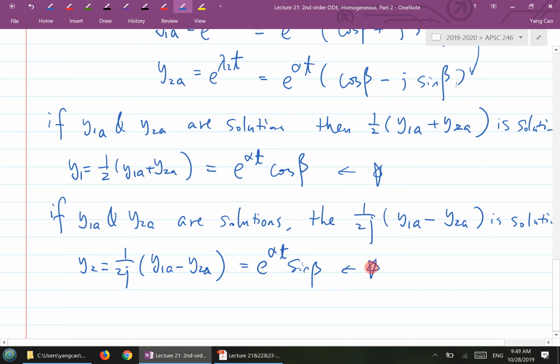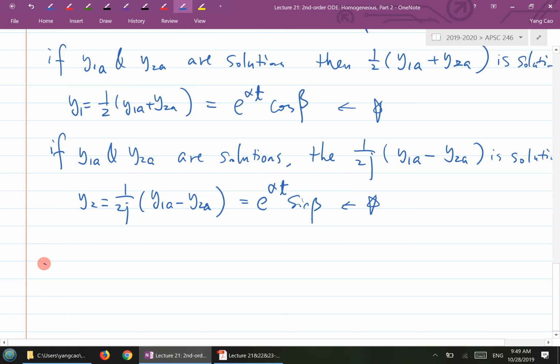And the other thing is, the two new particular solutions, one is cosine, the other sine, and they are linearly independent of each other. So you cannot express one using the other. That basically means I can form a general solution using y1 and y2.